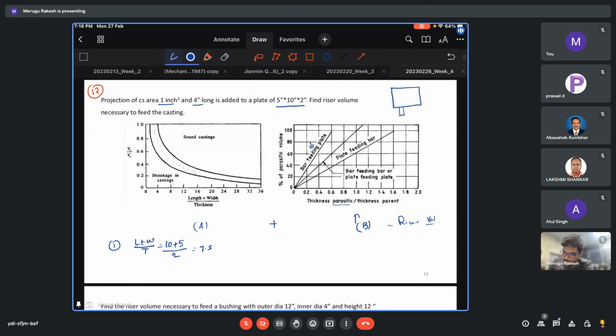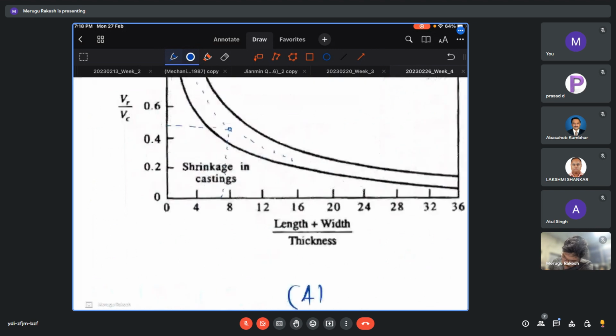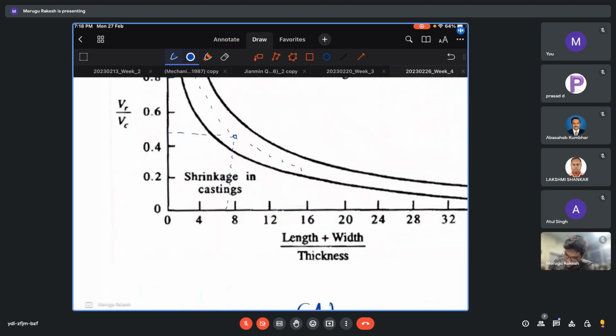Now we have 7.5, it should be around here, say take the value here. I'm just taking it arbitrarily. Corresponding to 7.5, say I have 0.5.